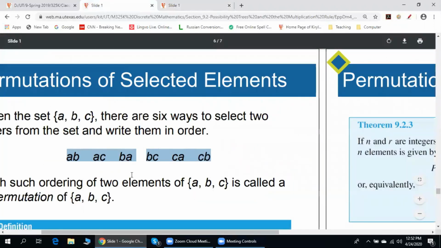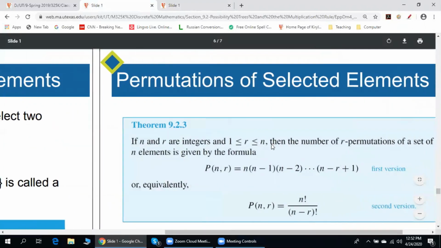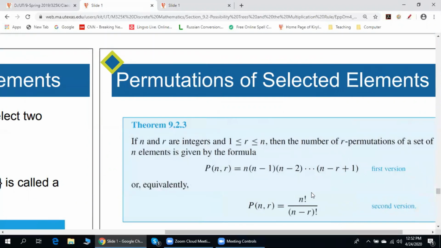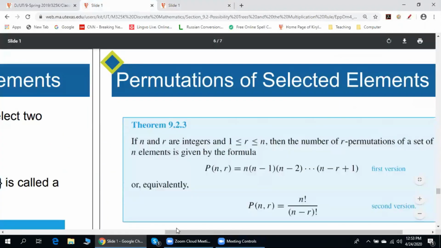To find the total number of elements here, we use this formula, which is the same as this formula. Oh, okay. Because the order matters. Does this answer your question? I think so, because the order matters in that case. Order matters here and order matters here.